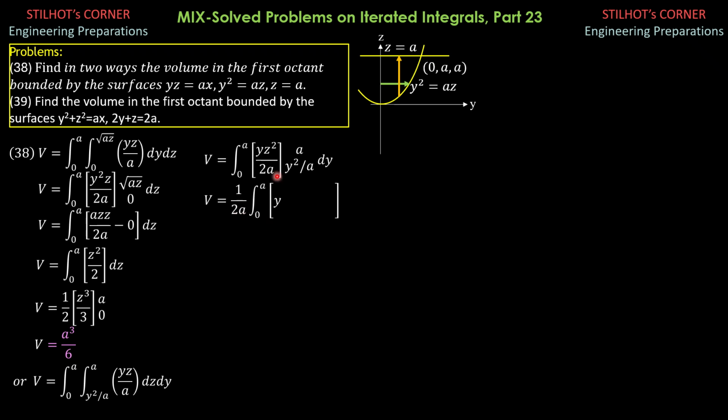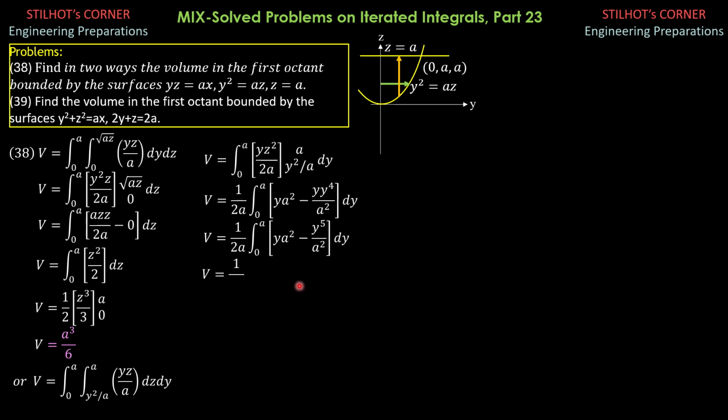So 1 over 2a, let's factor that out, integral 0 to a of y a squared, then minus y squared over a, squared is y to the fourth over a squared, dy. So that would be 1 over 2a integral 0 to a of the quantity y a squared minus y to the fifth over a squared, dy.